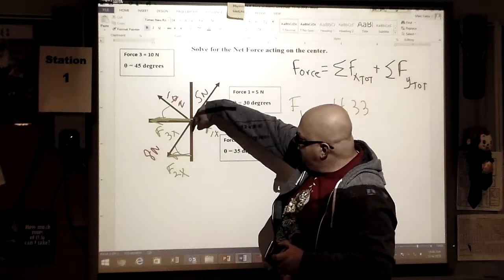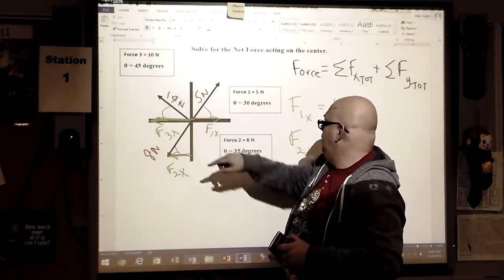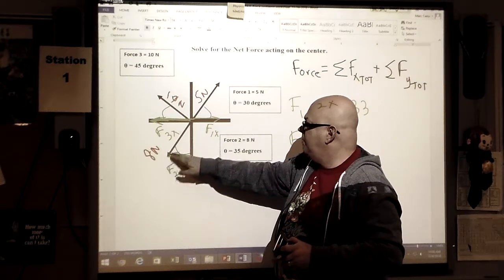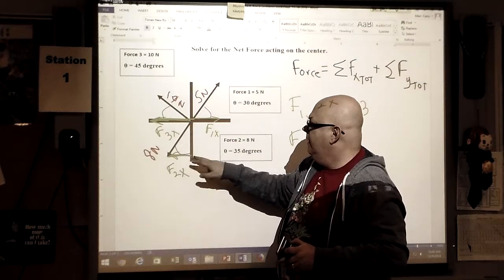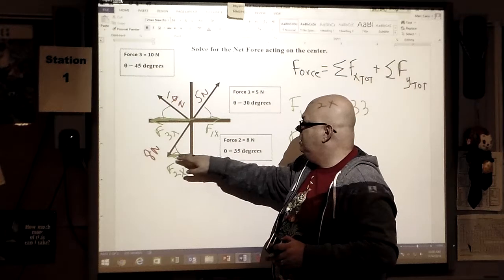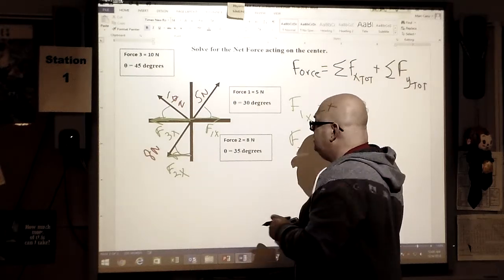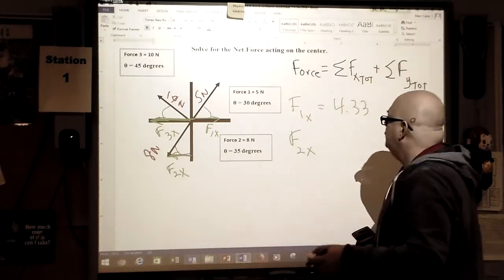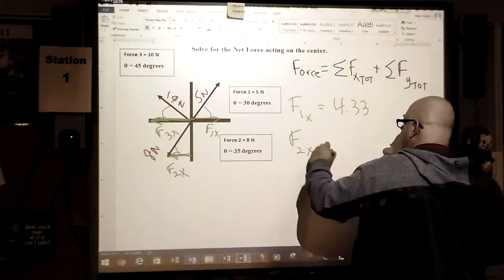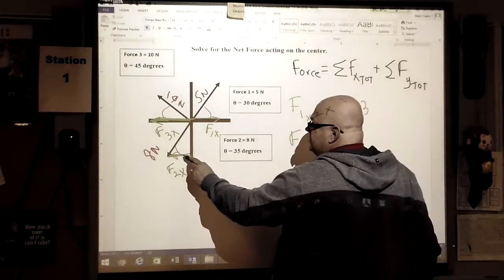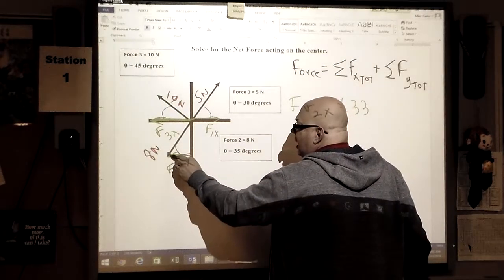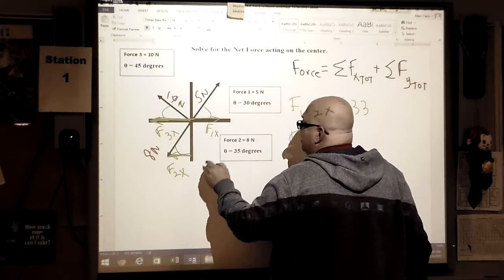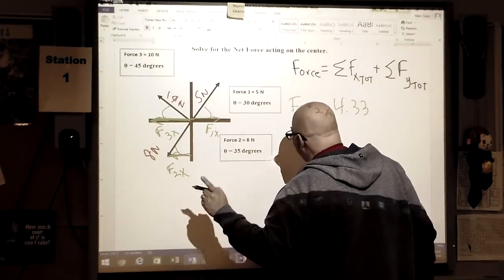If you notice, our angle of 35 degrees is here, and here's the hypotenuse of our right triangle. Here is our y component, here is our x component. Our x component, right here, this is it. So is it cosine? This is the opposite of our angle over hypotenuse, so that's not cosine, that's the sine.